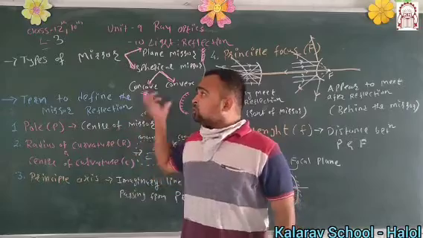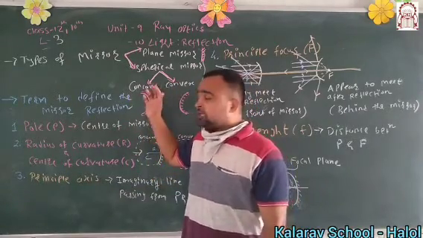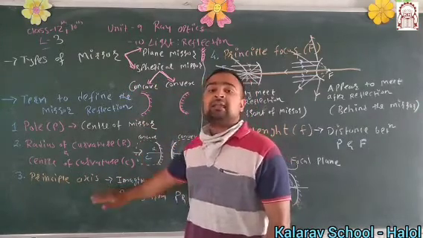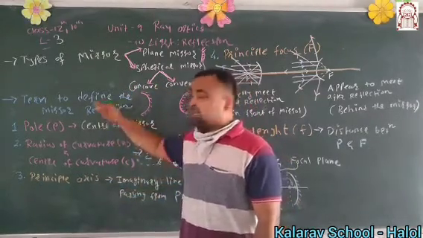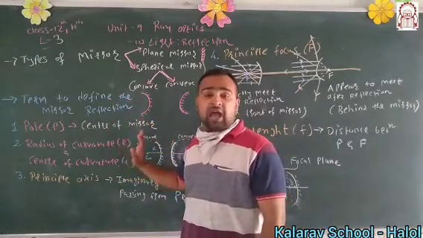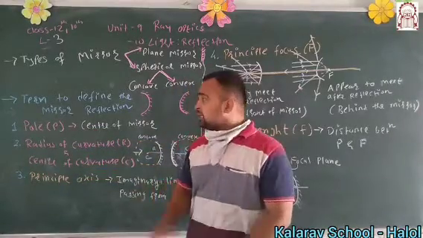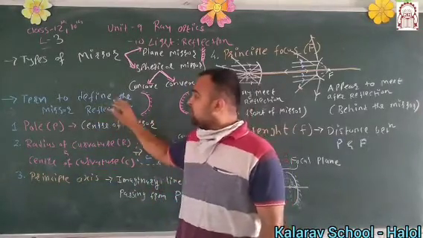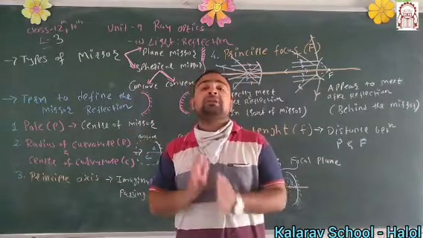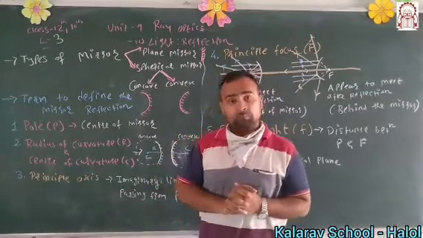We have to understand all these parts together. For that we have to understand the mirror based on related terms. Mirror and its phenomenon can be explained only after we learn these definitions. So we are talking about the important terms necessary for mirror reflection, and let's try to learn them.